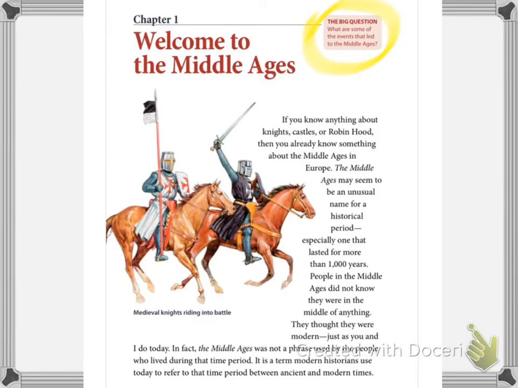It is a term modern historians use today to refer to the time period between ancient and modern times. Remember, the term Middle Ages was introduced by current historians to explain that this time period is between ancient times and modern times. But at the time of the Middle Ages, it was not known as the Middle Ages.